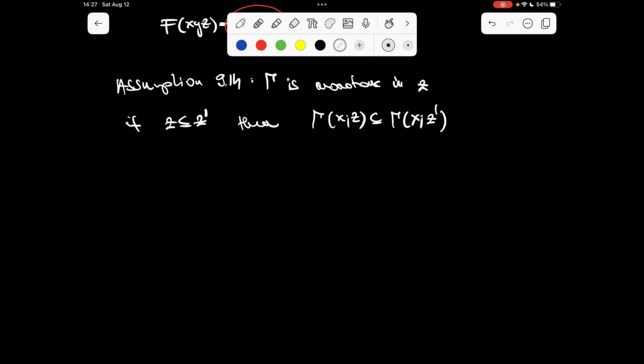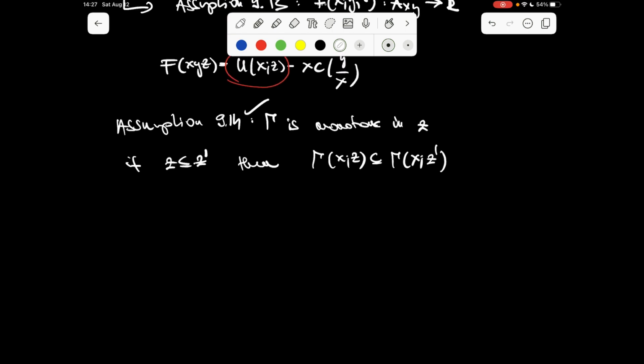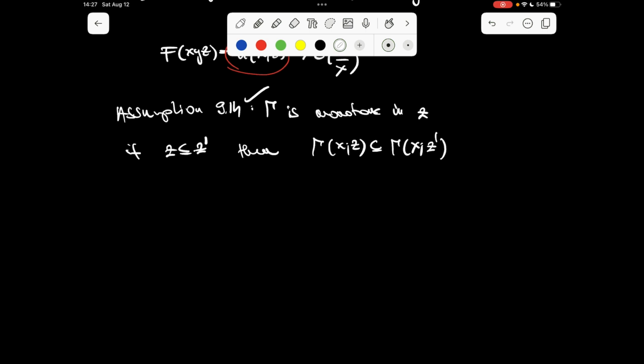And it is true, it holds. So assumption 9.14 holds, and assumption 9.15 also holds, because transition function q is monotone by assumption.